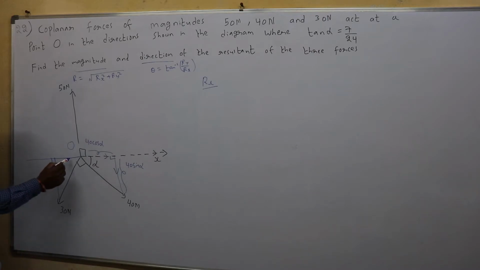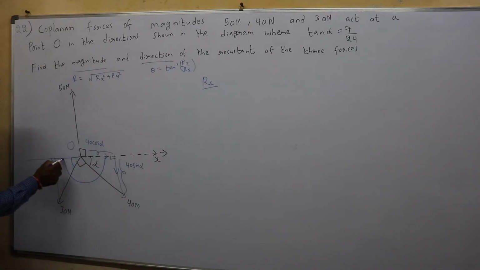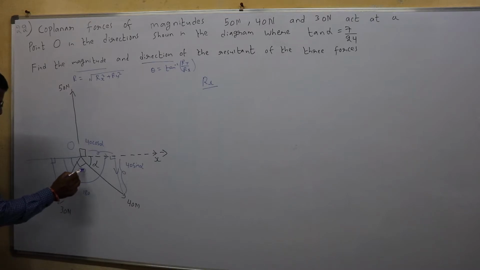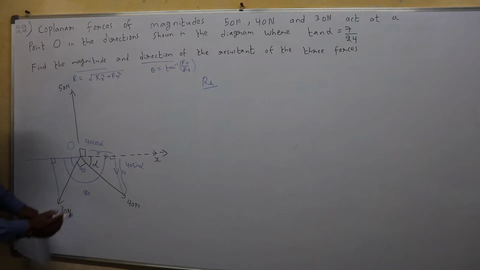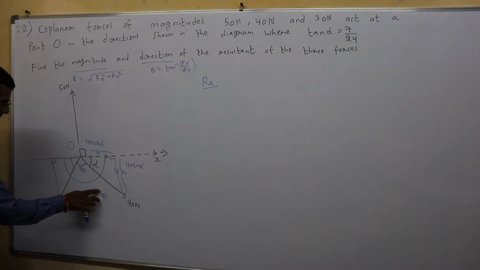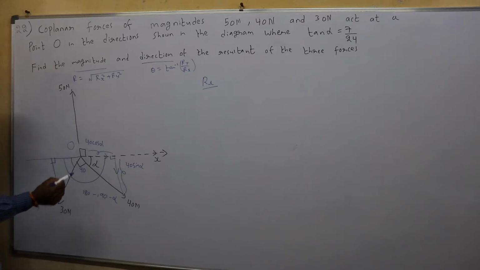Now, how much will this angle be? You should know this entire is 180. This is 90, this is alpha, then how much will this be? From the total, if I remove 90 and also I remove alpha, that will be this angle.